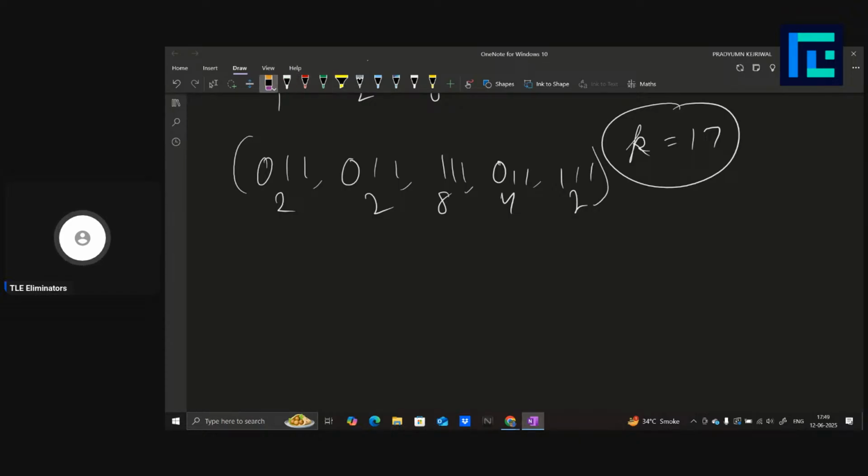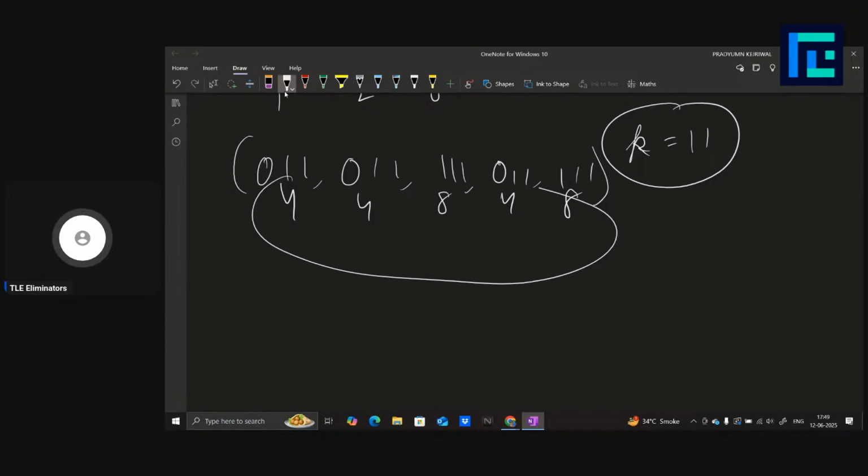And our k will decrement by 6 because we have done two operations three times. So k is equal to 11 now. And the new values, for this one it will become 4, for this one 4, and for this one it will become 8, right?